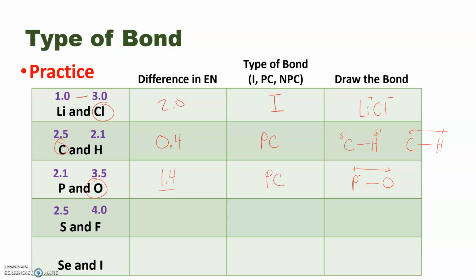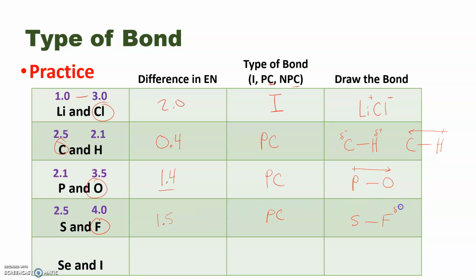Two more. We've got 2.5 and 4.0. I do my math there. That adds up to 1.5. That is also polar covalent. So I draw my dash between them if it's covalent. If it's either PC or NPC, if it's got a C for covalent, you better have a dash. Okay, partial charge goes on the more electronegative, which is fluorine.